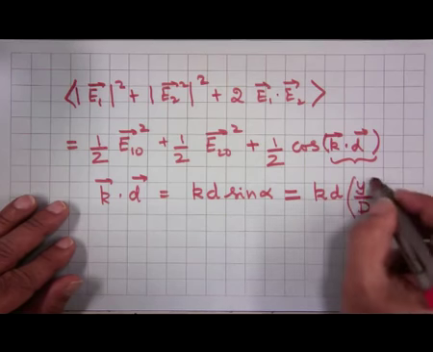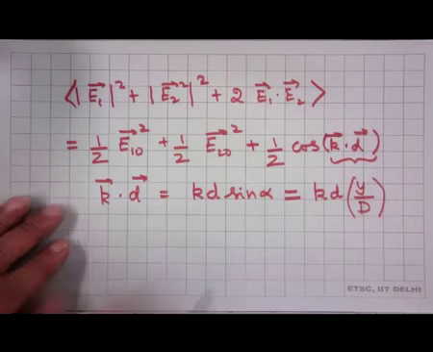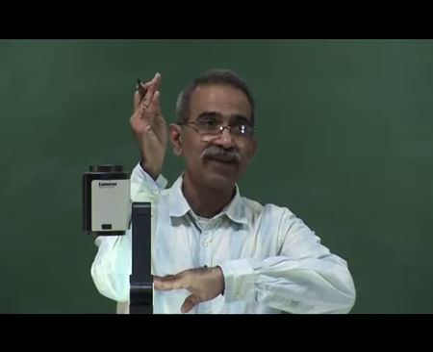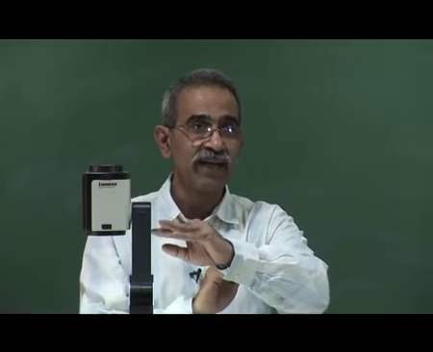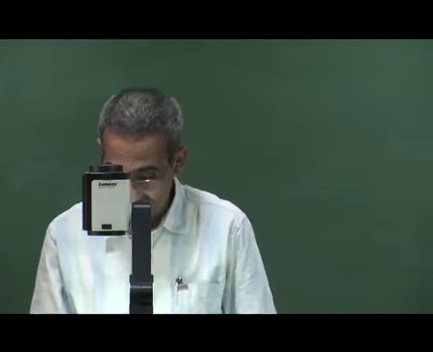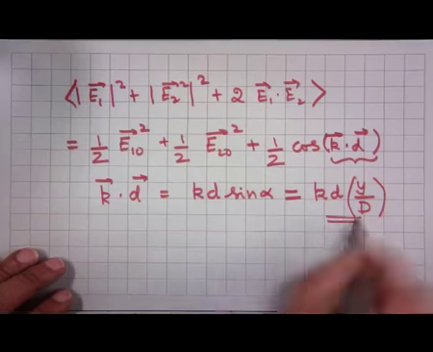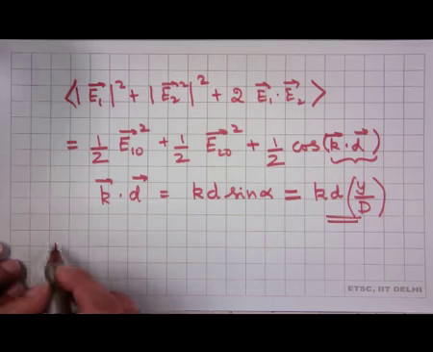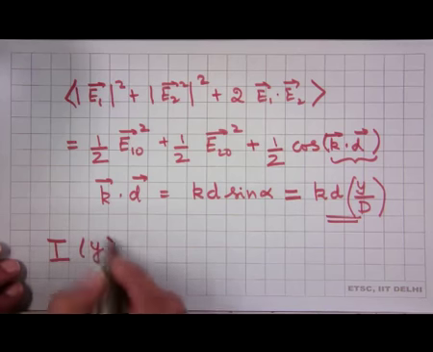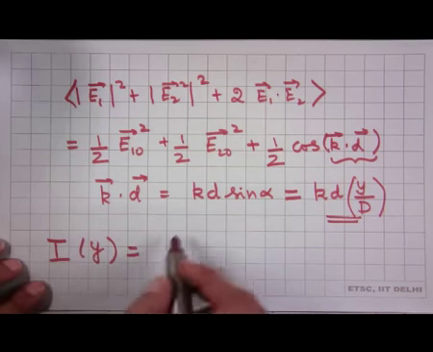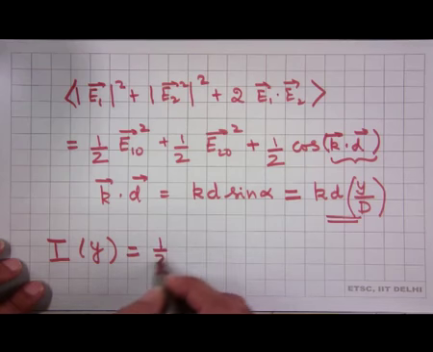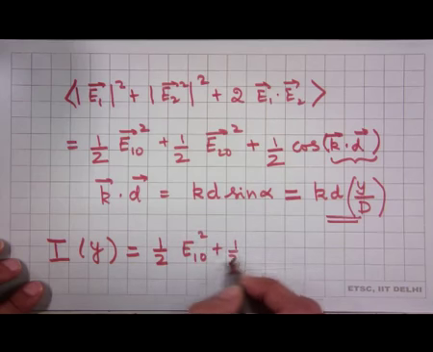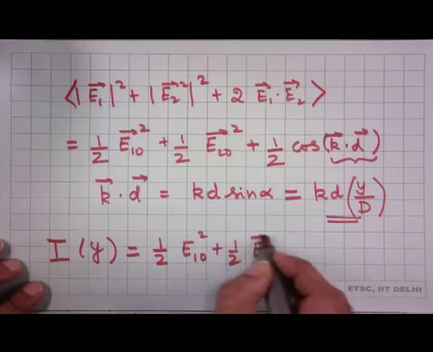Please remember, y is the perpendicular distance, d is the horizontal distance, sin alpha is roughly the same as tan alpha. Therefore, y divided by d is tan alpha. That is what we have, and this is my expression. Therefore, I have now got a final expression of the intensity as a function of y, which is given by the two constant terms, half E1 0 squared plus half E2 0 squared.